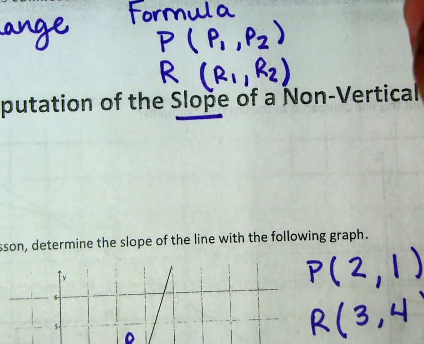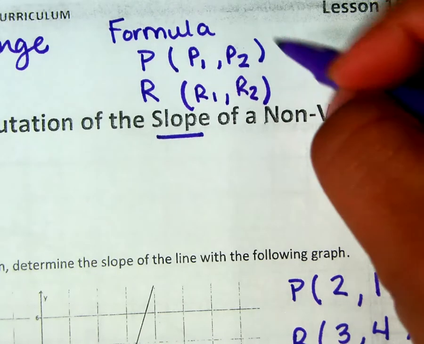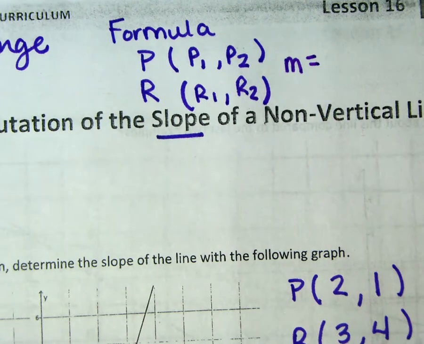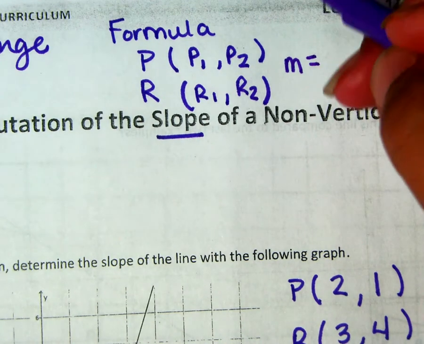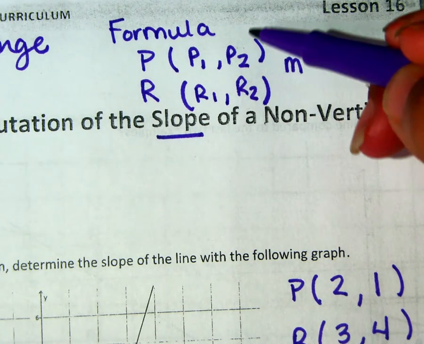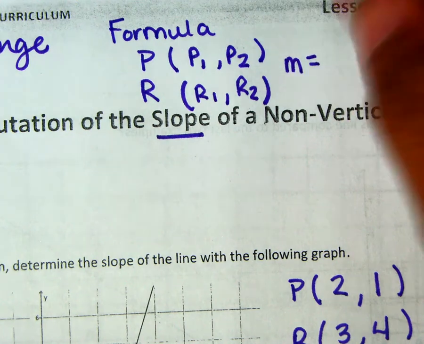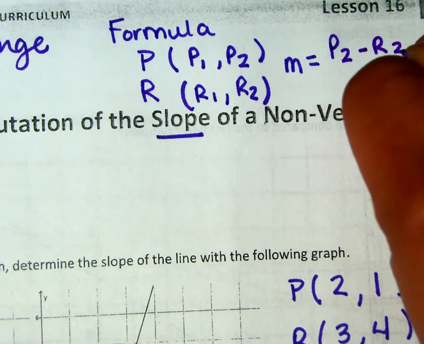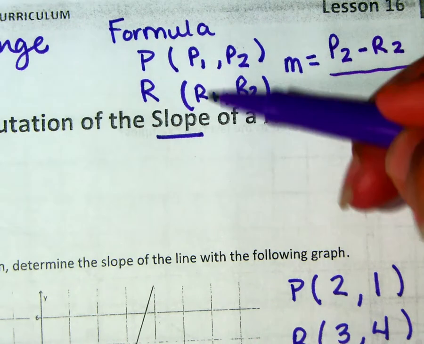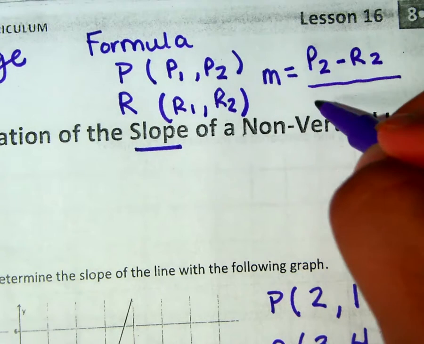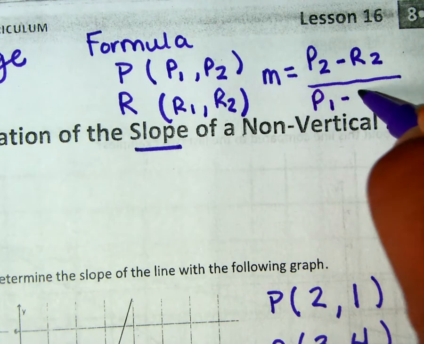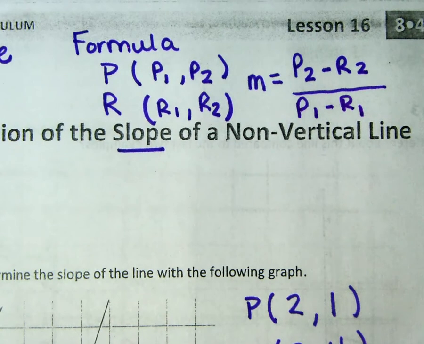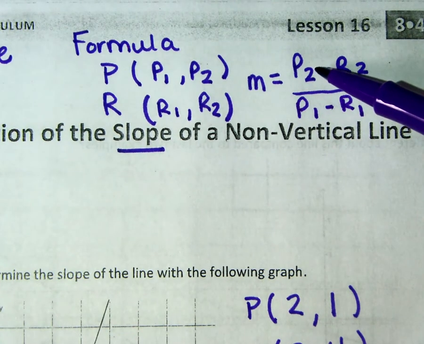When I want to actually compute this, slope is going to be equal to the change in my y's, so that's actually P2 minus R2, over the change in my x's, P1 minus R1.